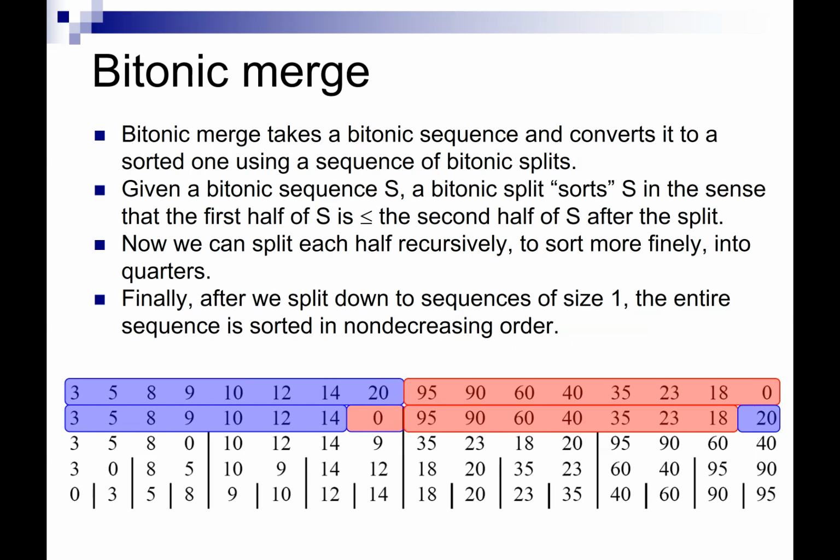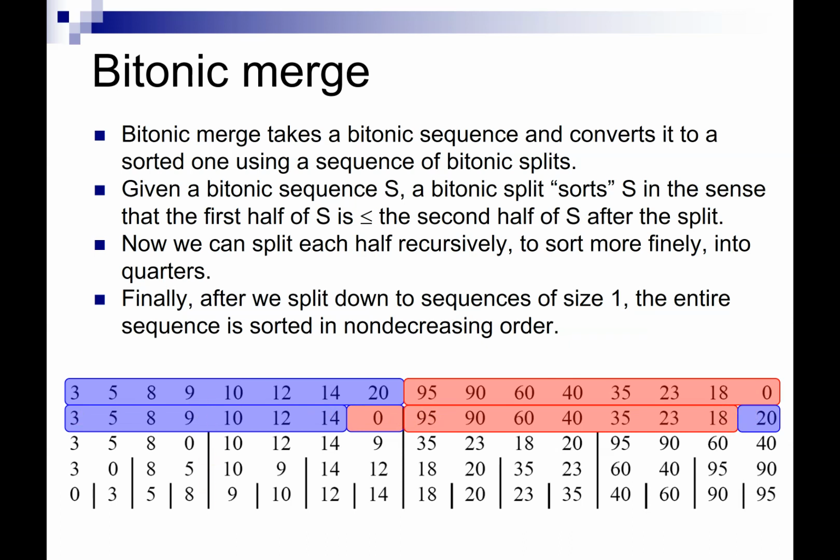S1 increases from 3 up to 14 and then decreases. Whereas S2 decreases and then increases, but this is just a rotation of a simple bitonic sequence.